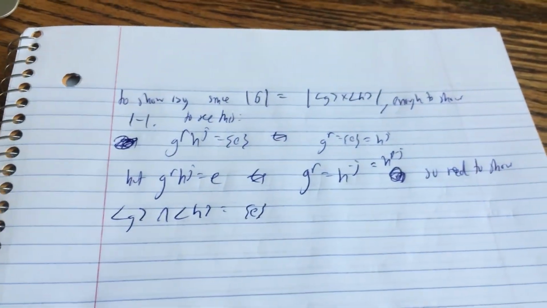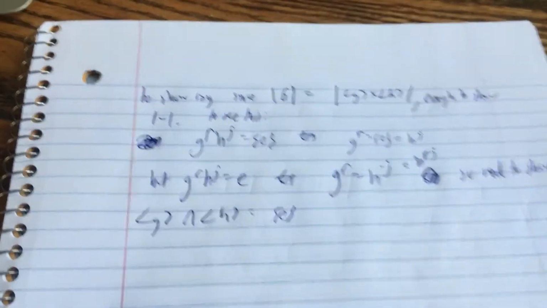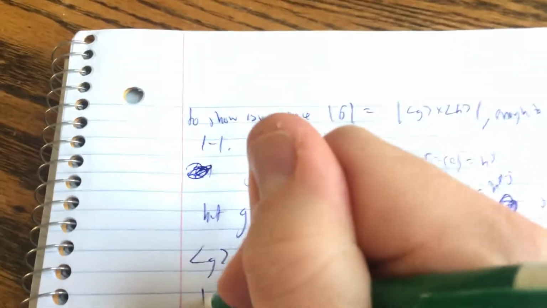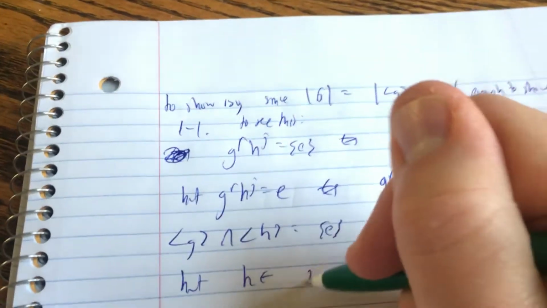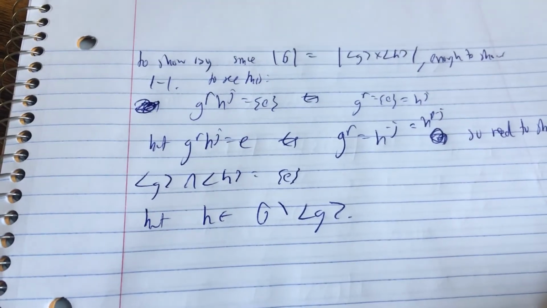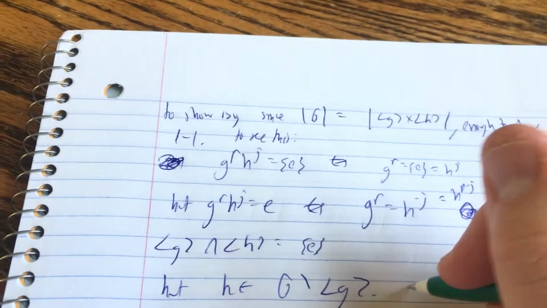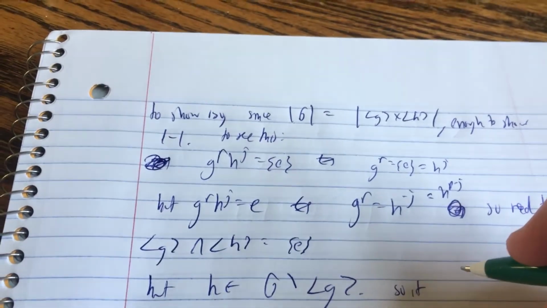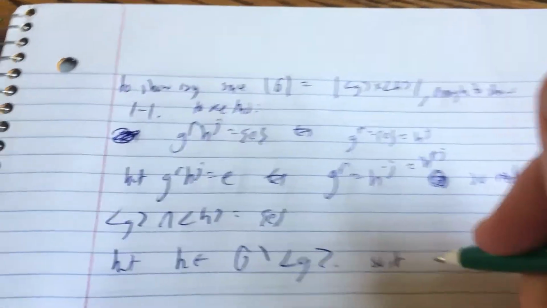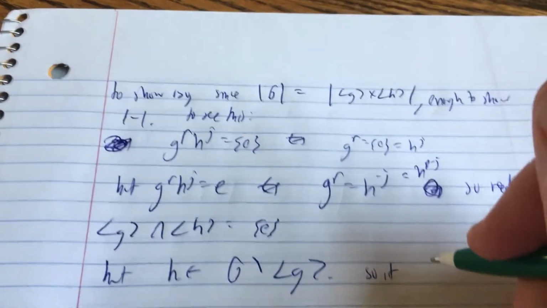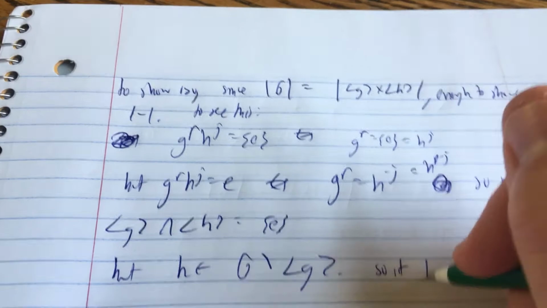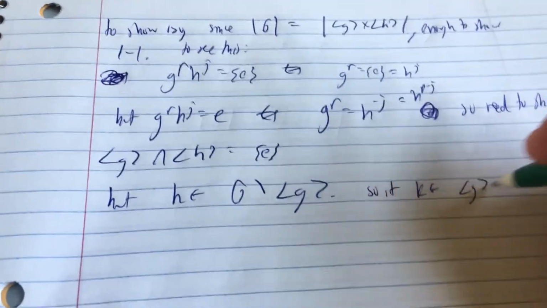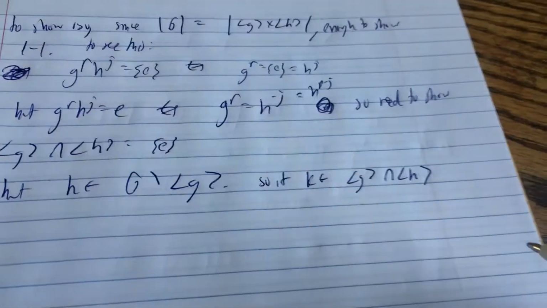But remember that we picked H in big G, but H is in big G minus G, right? So let's call it K. K lives inside G intersect H, right?